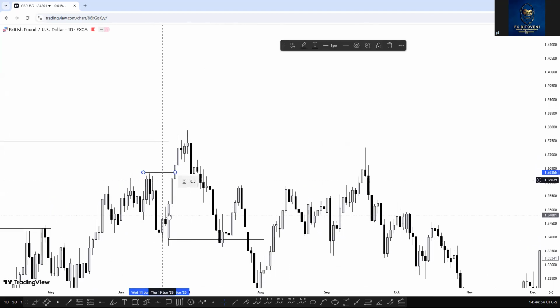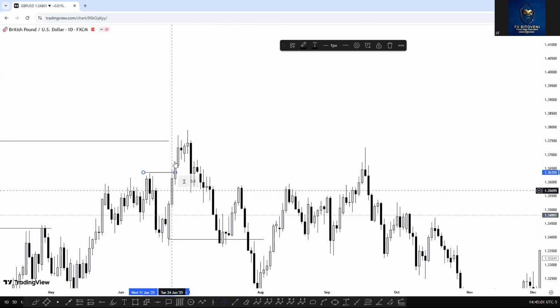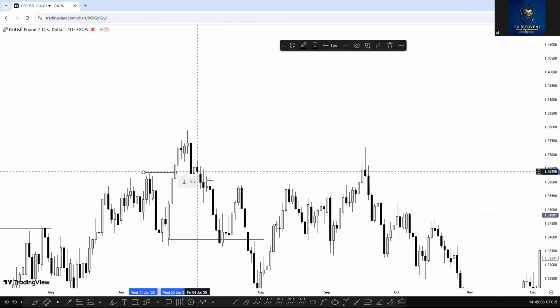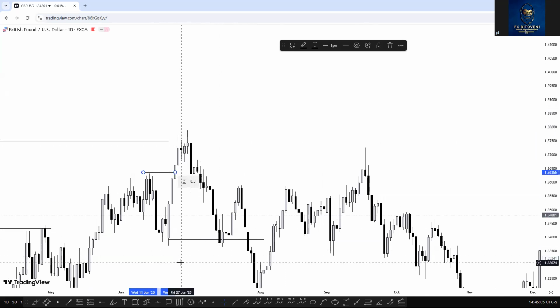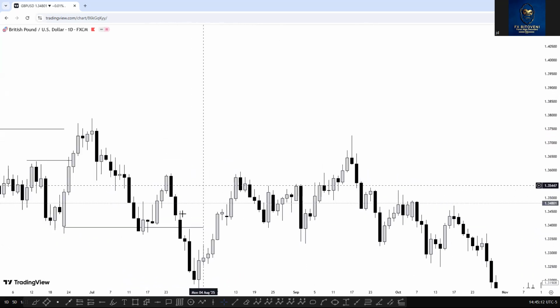On this daily time frame, market went higher because every time we have expansion, we expect a retracement or a reversal, right? Try to see what happened.